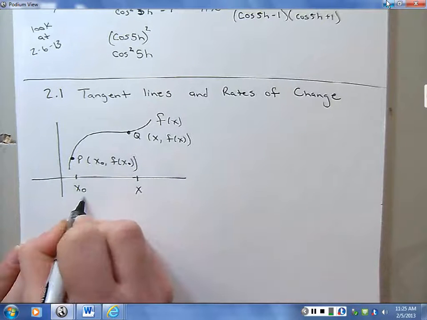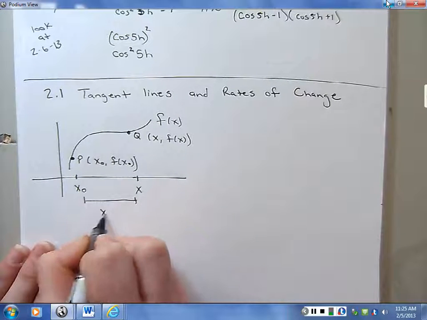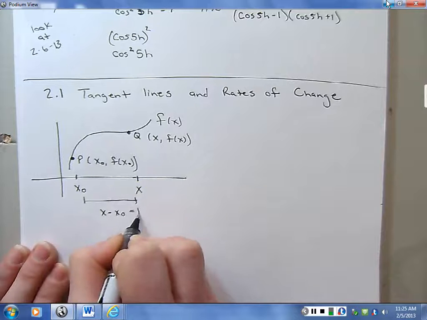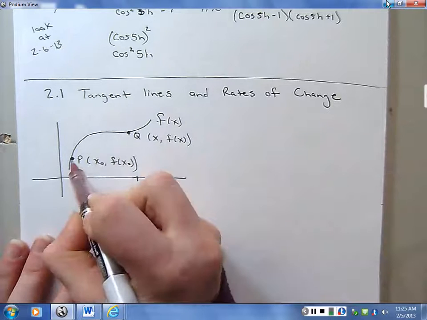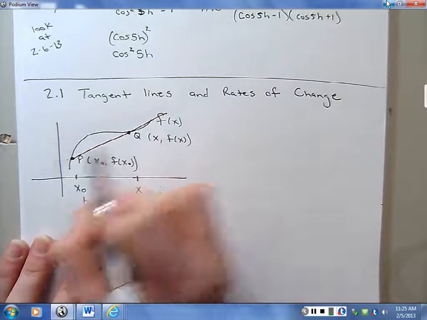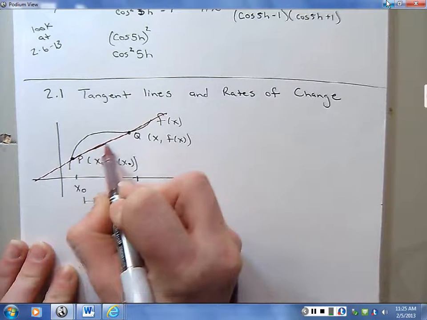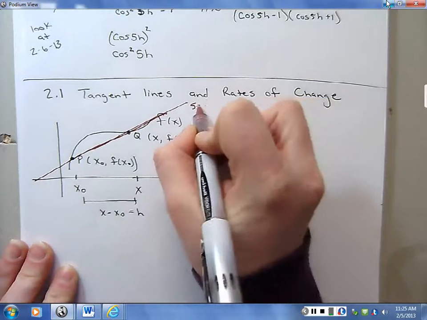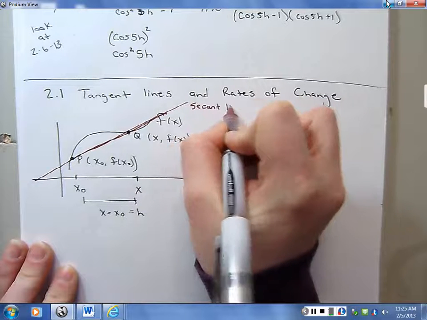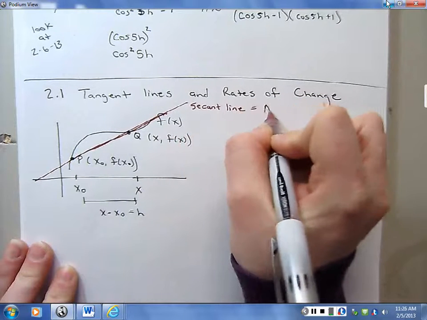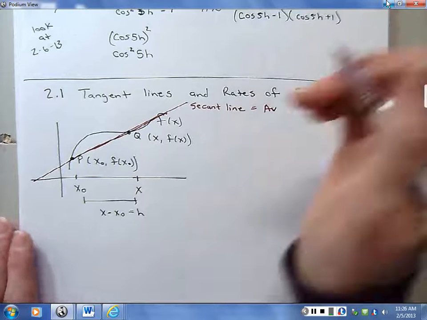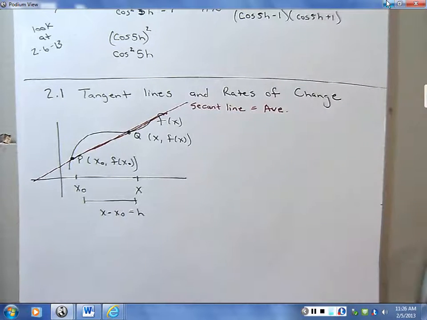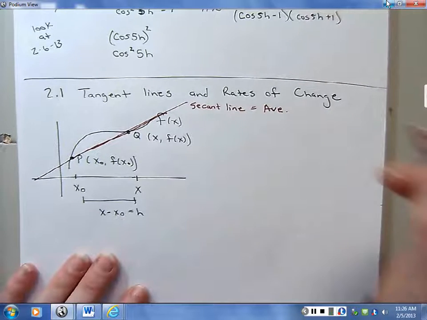This distance between these two would be x minus x naught. I'm going to name that h for a next example. So if I look at the slope between these 2 points, this is called a secant line. And that's going to be your average rate of change.